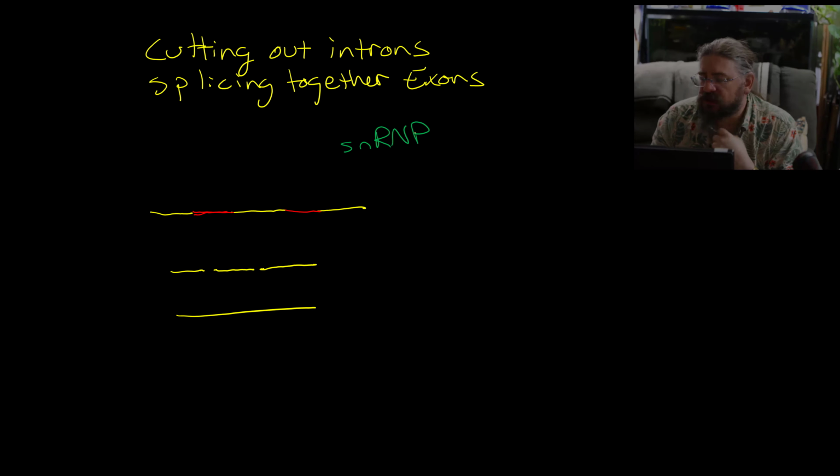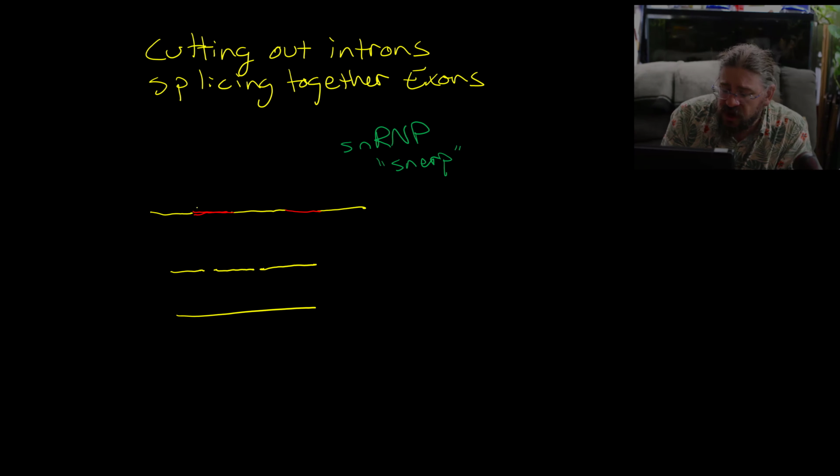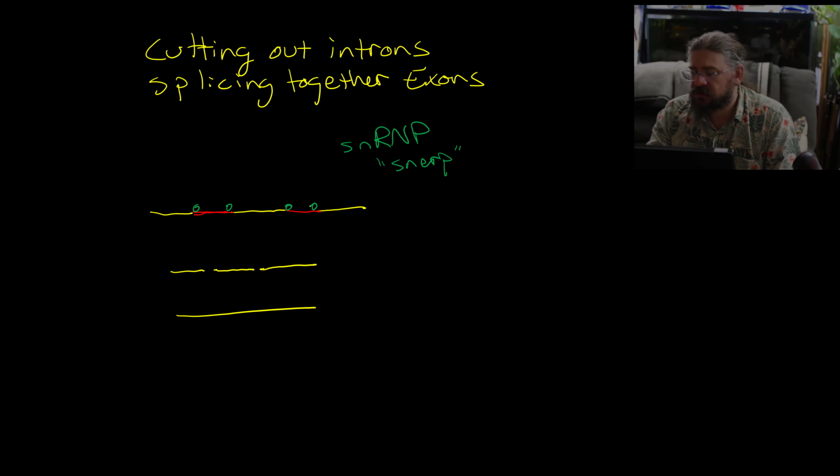But knowing its actual name, knowing the name that is widely used in publications and papers, is pretty adorable. snRNP is also known as a SNRP. So what do SNRPs do? SNRPs bind to introns.